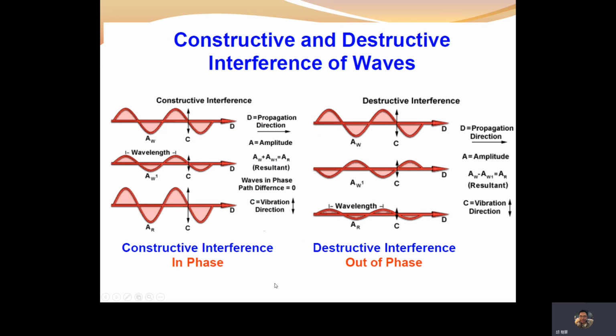Let's introduce what Bragg's law is. First, we have to consider two waves, 1 and 2, and their propagation direction. If these two waves are in phase, we get constructive interference. That means when we superpose these two waves, the amplitude is amplified.